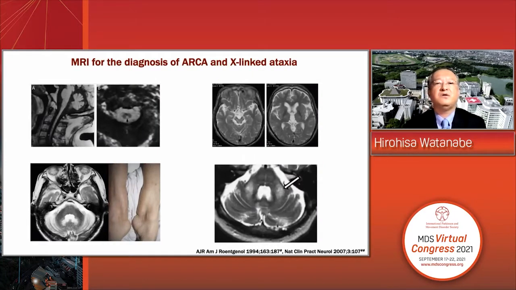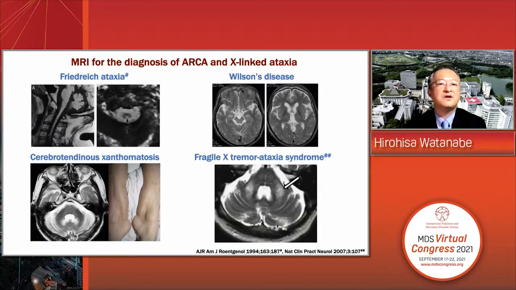MRI for the diagnosis of ARCA and X-linked ataxia is also important. As you can see, Friedreich ataxia patients show significant atrophic changes in the cervical cord, and Wilson disease patients show characteristic signal changes in the midbrain on T2-weighted images. Cerebrotendinous xanthomatosis patients show increased signal intensity in the dentate nucleus of the cerebellum.